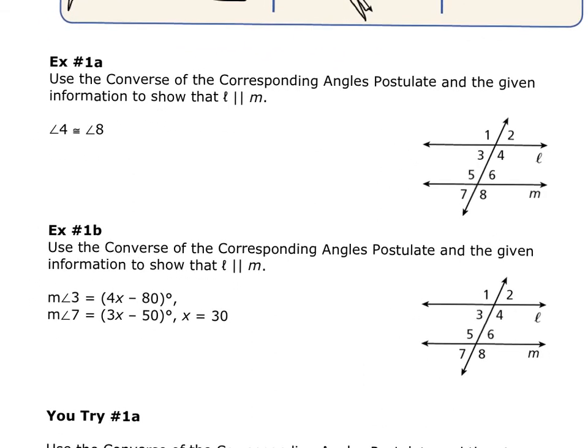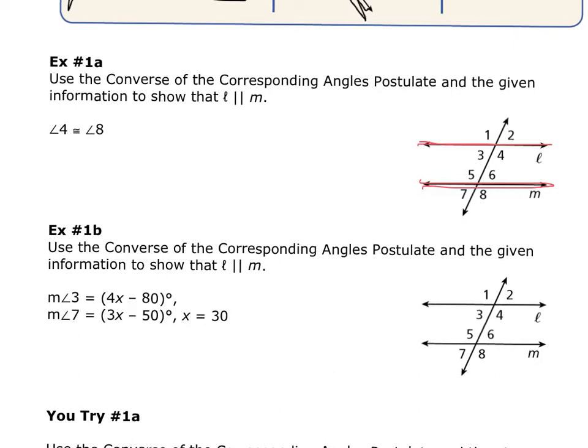It says, use the converse of the corresponding angles postulate and the given information to show that L is parallel to M. So we want to prove that these lines are parallel. The information it gives us is angle 4 is congruent to angle 8.